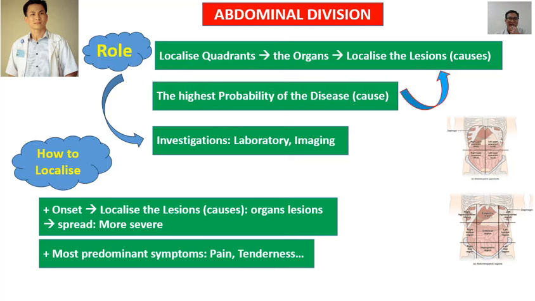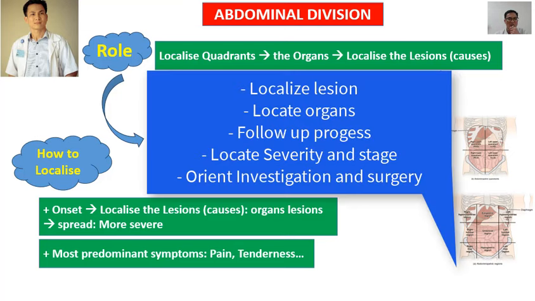Additionally, by localizing the onset of the symptoms to a specific quadrant and observing the progression of the symptoms from one quadrant to others, we gain valuable insight into the affected organs, the underlying cause, and the stage or severity of the disease.